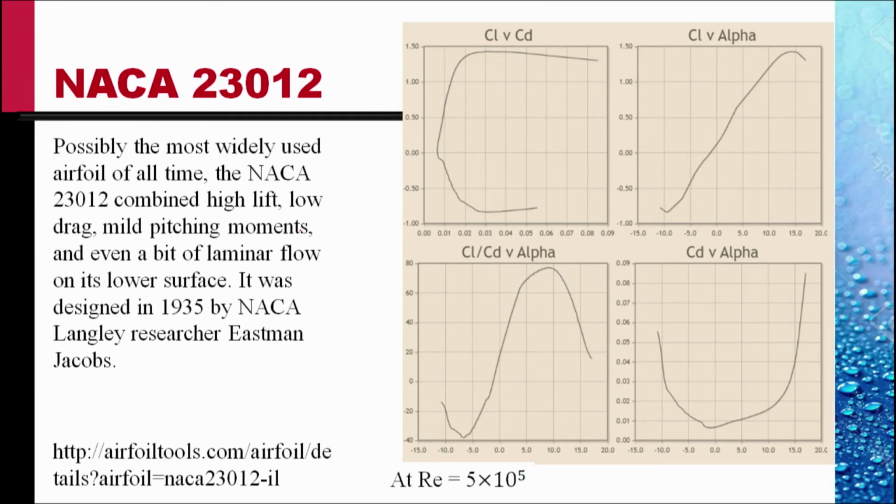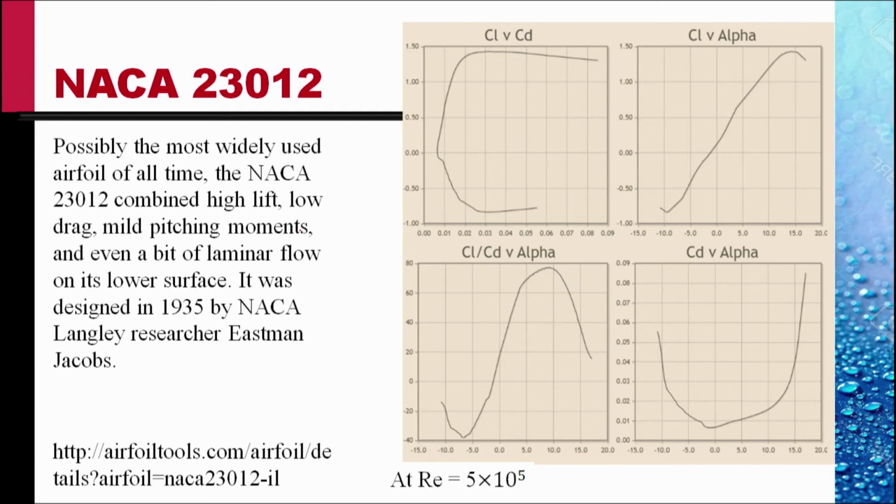NACA, the predecessor of NASA, has codified the various airfoils, and this airfoil NACA 23012, which is a 12% thick cambered airfoil, was designed in 1935 at Langley Research Center.